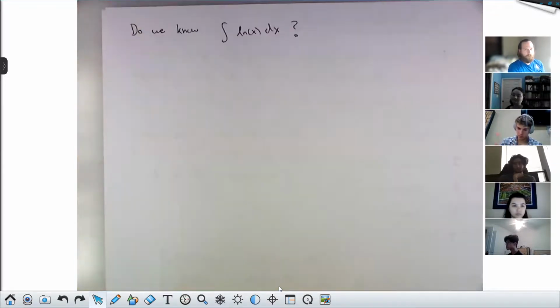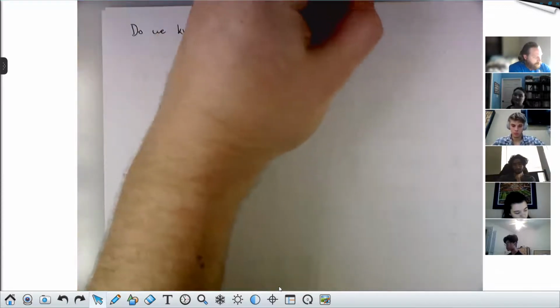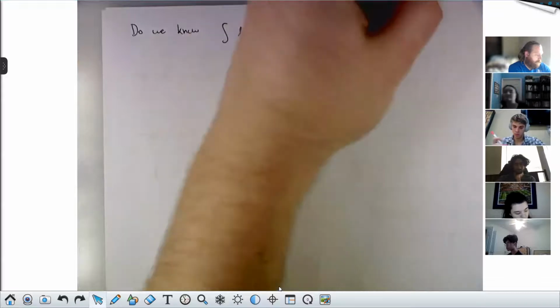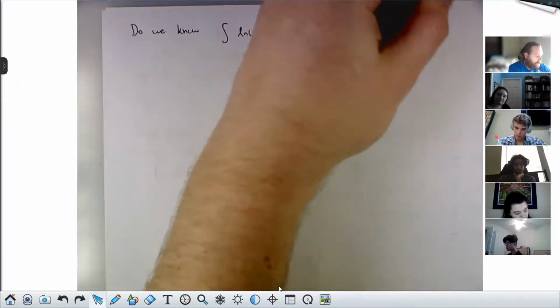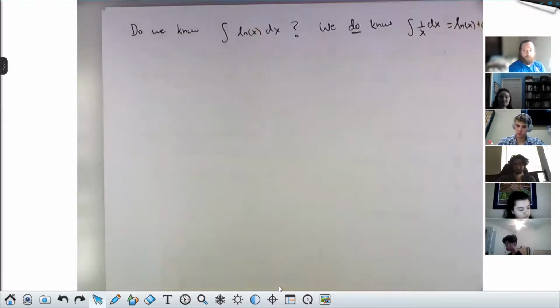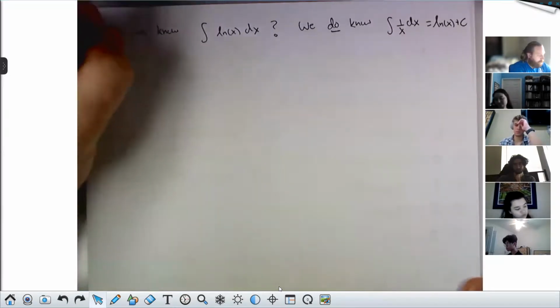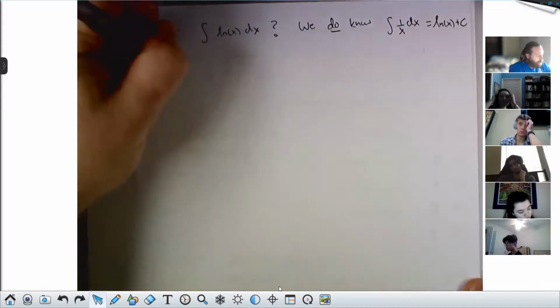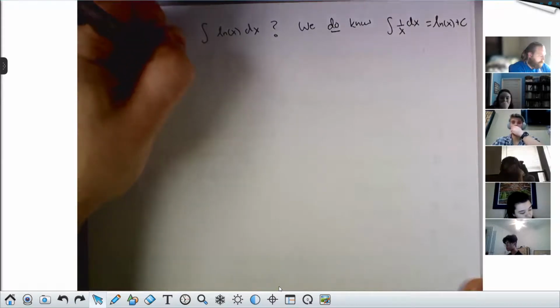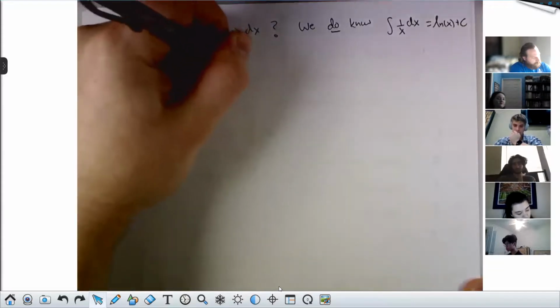So at this stage, do we know the integral of ln x? The answer is not yet, not yet. What we do know is that the integral of 1 over x dx is ln of x plus c. And we know that because in Calc 1, you learned that the derivative of ln of x is 1 over x.